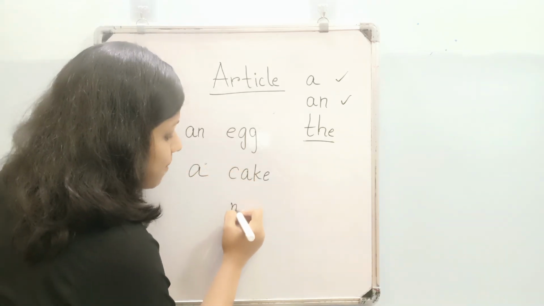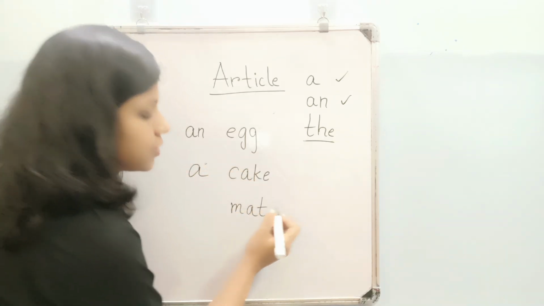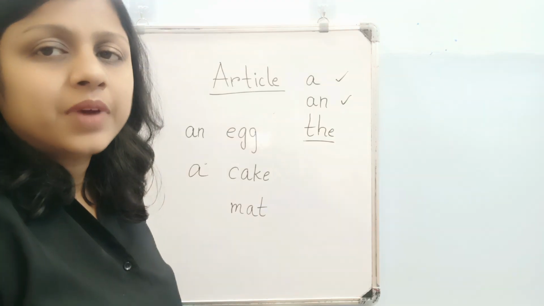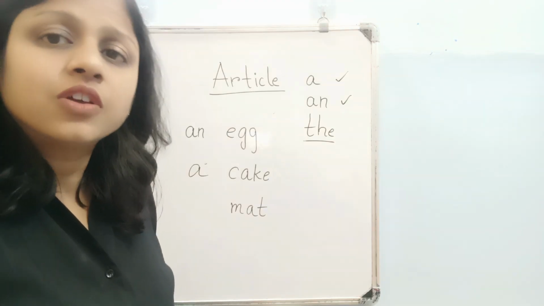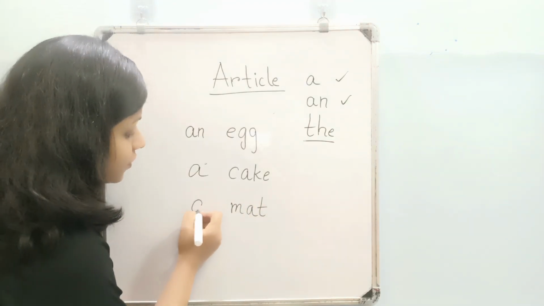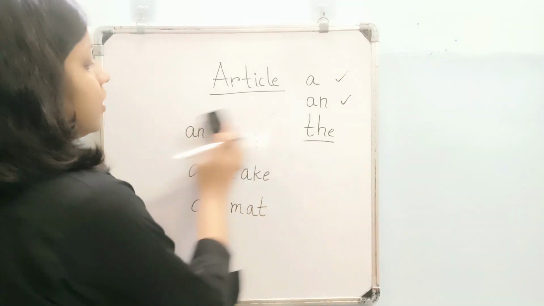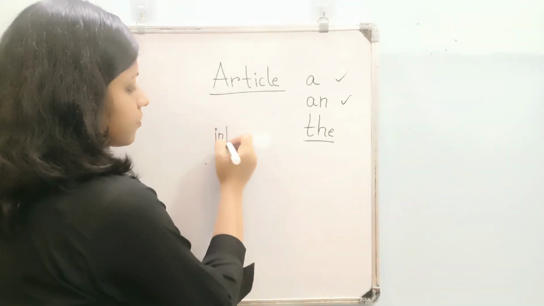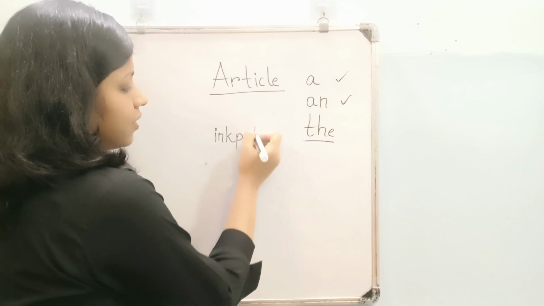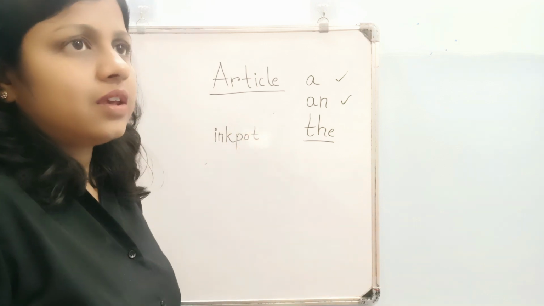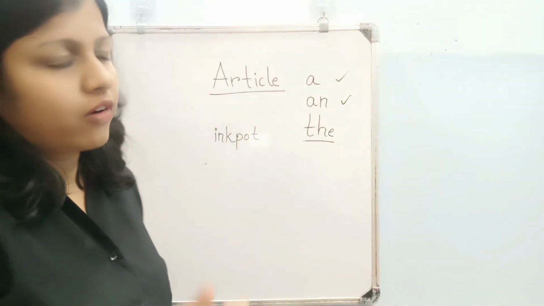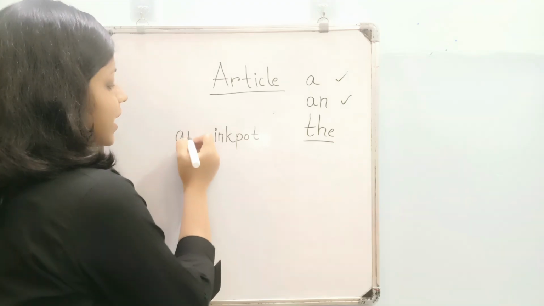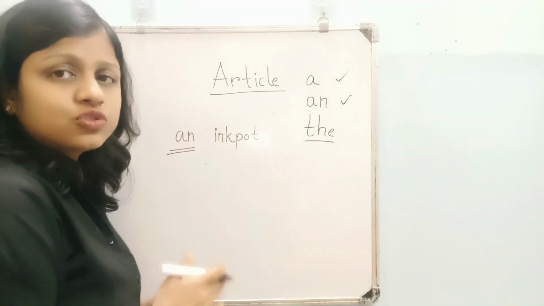Like mat. It's starting with a consonant sound. So it will be a mat. Like ink pot. Ink. I is a vowel sound. We will use an ink pot. Understood, children?